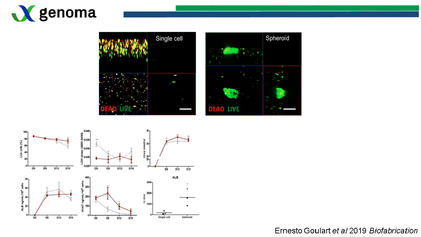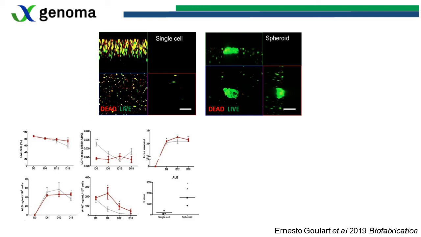When we compare the single cell group to the spheroid group, we observed that the viability of the single cell group decreased significantly over time, as we can also see in the LDH activity, which is very high at the very first day in the single cell group and starts to increase back at the end of our 18-day period of culture.